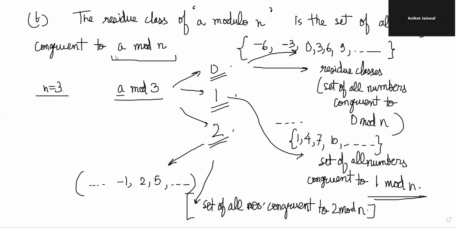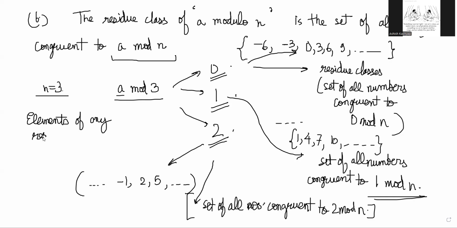Yes, sir. Note that the elements of any residue class, when I say that, I mean elements of the set here, will be in an AP, in an arithmetic sequence.